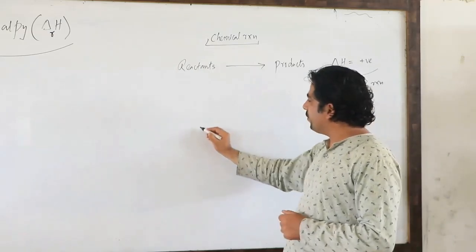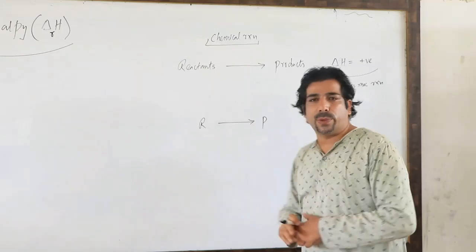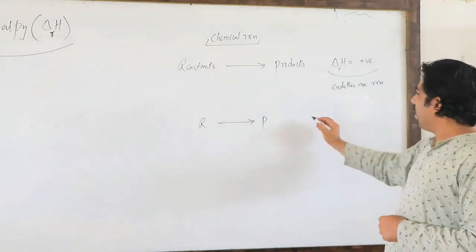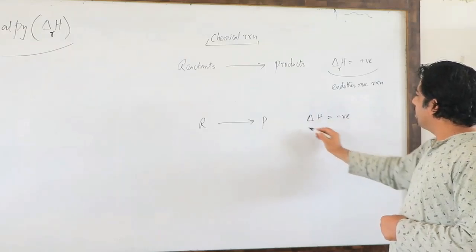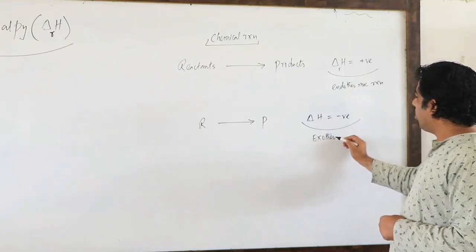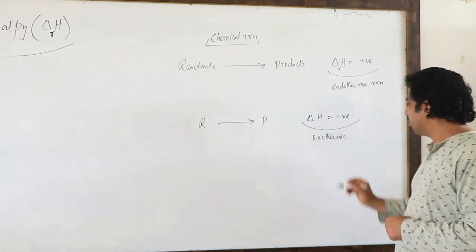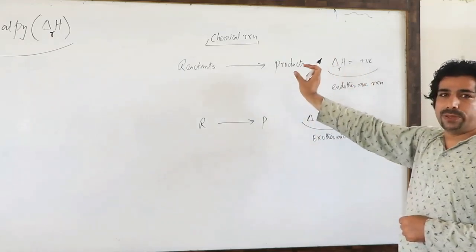Now my dear friends, if I take one more chemical reaction where reactant changes into the product, and for this reaction delta H is negative, it means this reaction is exothermic. I have already discussed this. Here the energy is absorbed.